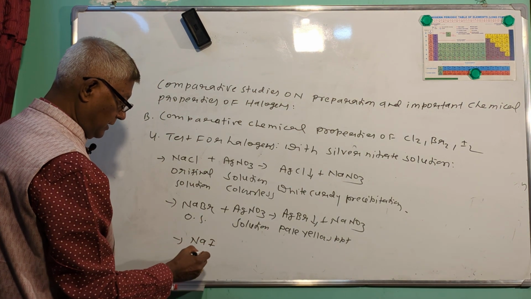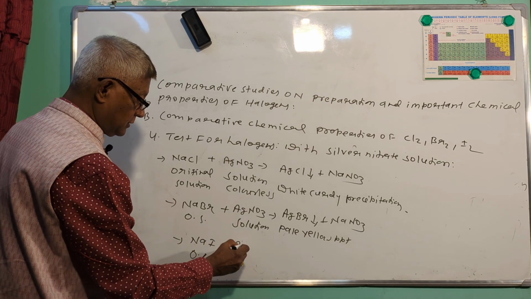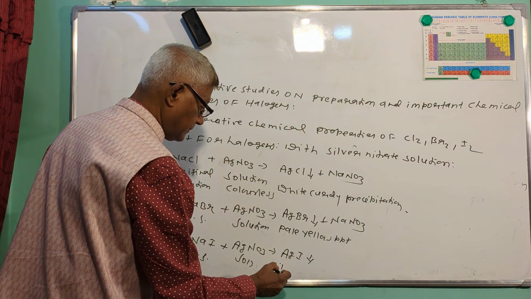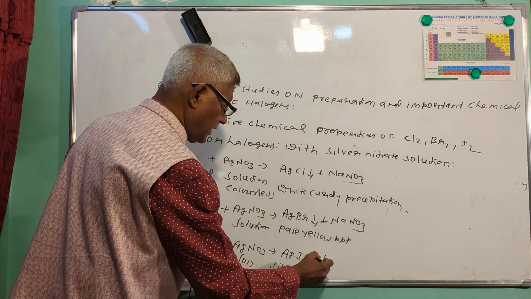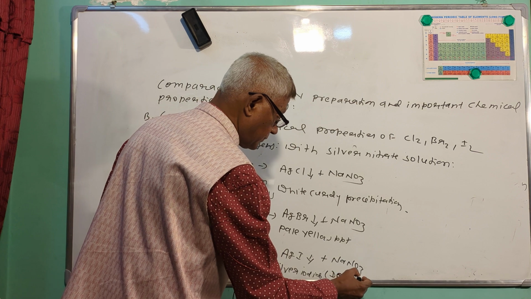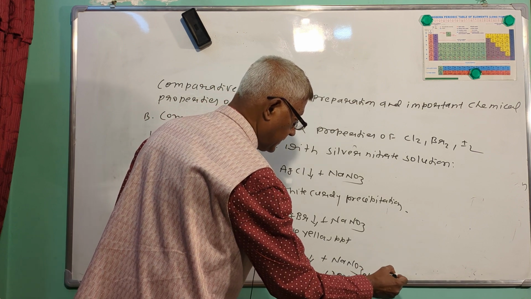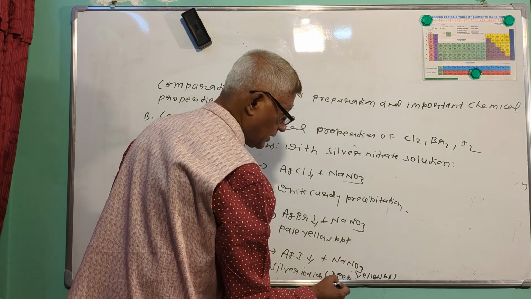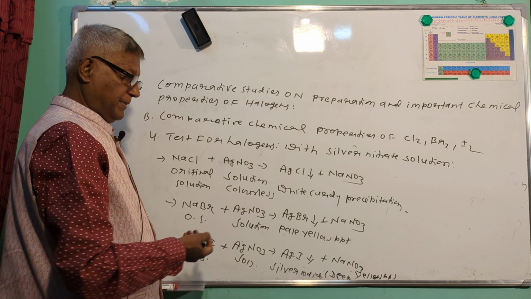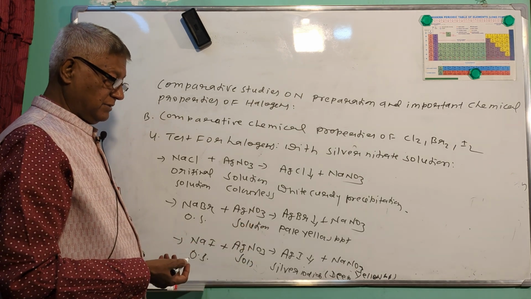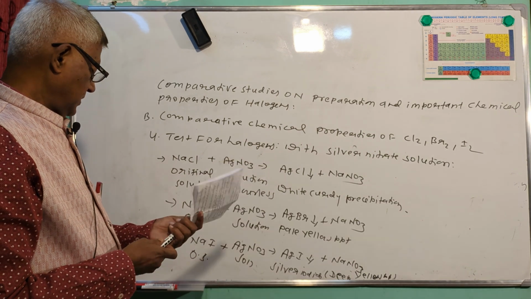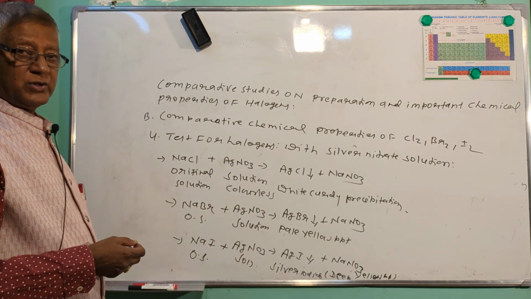Likewise, sodium iodide original solution when treated with silver nitrate solution gives silver iodide, a deep yellow precipitate. So the first case gives a white curdy precipitate, AgBr gives a pale yellow precipitate, and silver iodide gives a deep yellow precipitate. So we can clearly compare and separate the chloride, bromide, and iodide present in the solution.